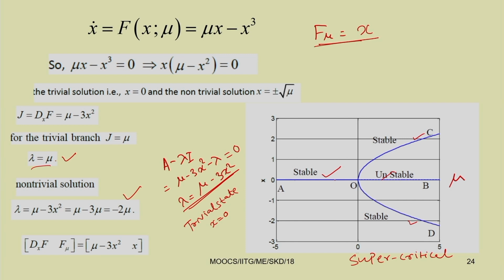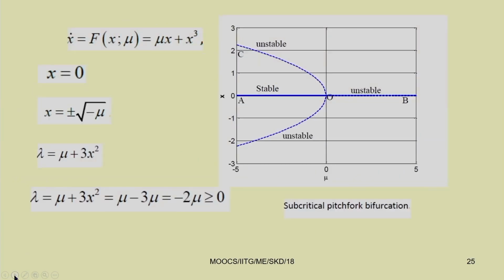So, for the trivial state x equal to 0, f mu equal to 0, and already d x f equal to 0. So, this is 0 0, the rank becomes 0. So, this rank is not n minus 1 here. In this case, we can differentiate it from the saddle node bifurcation point by constructing these d x f and f mu matrices.